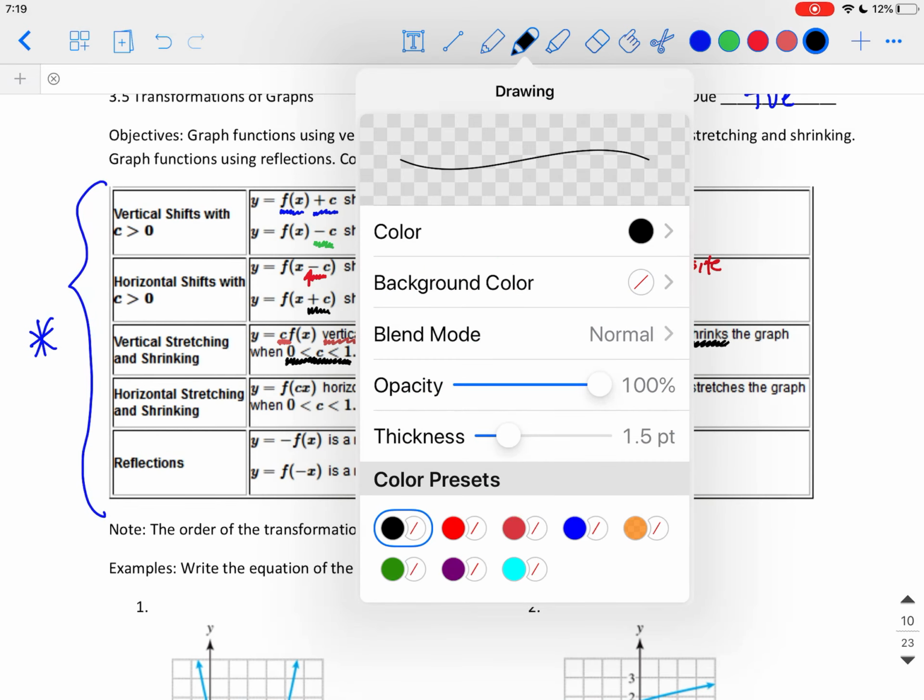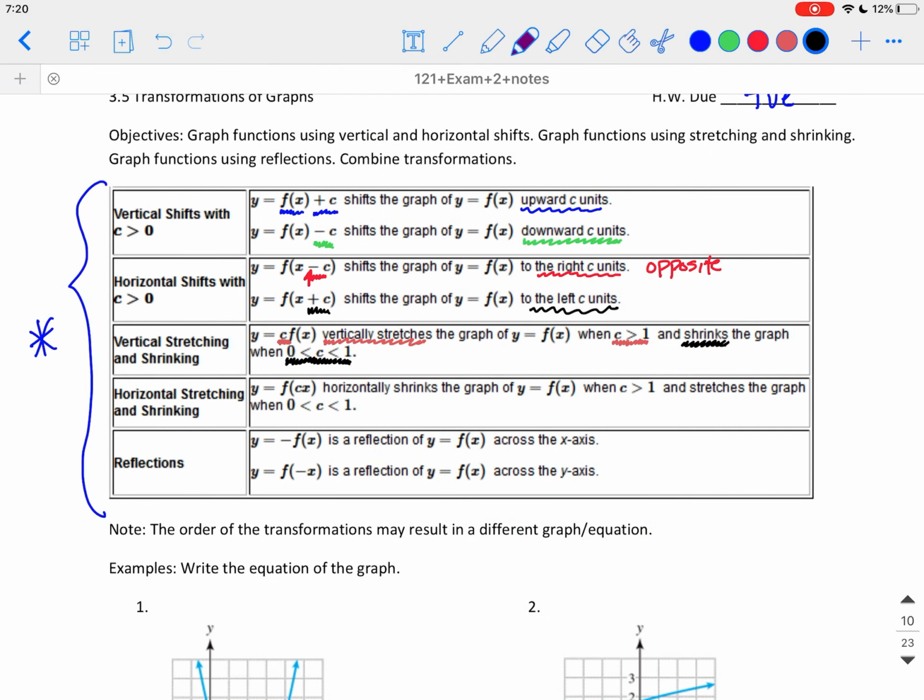The next one, if I have a number c on the inside of the function being multiplied, and if c is bigger than 1, then you're going to have a horizontal shrink. Again, it's like the opposite effect.